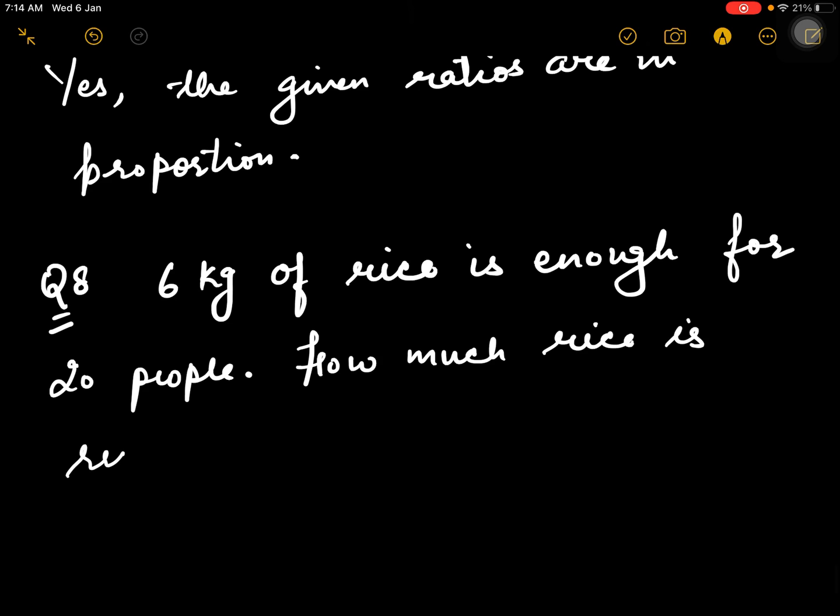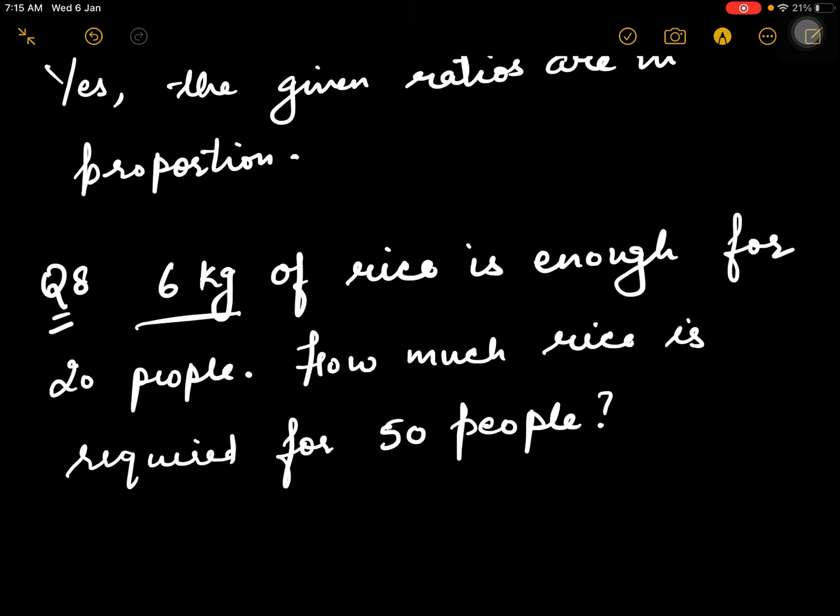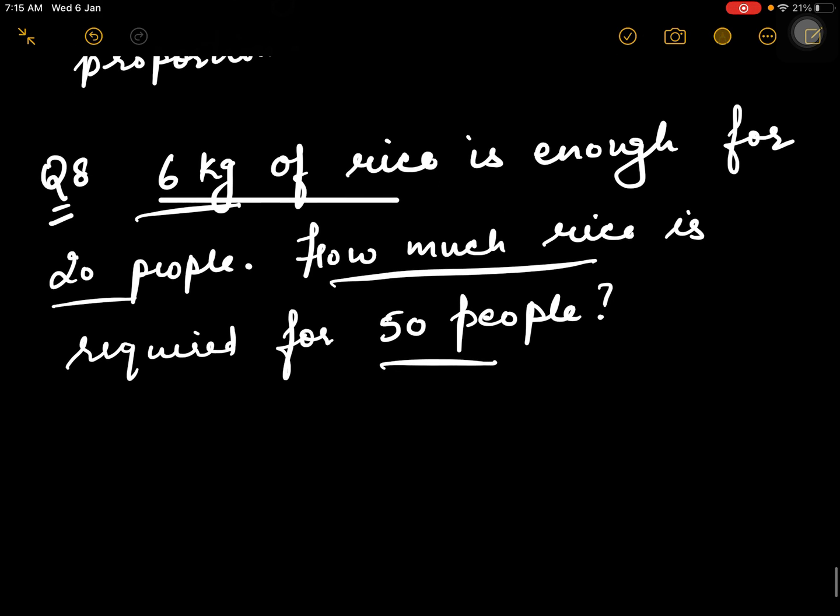So try to understand the question: 6 kg of rice is enough for 20 people, and for 50 people how much rice is required? So we have to find the quantity of rice required for 50 people. For 20 people, 6 kg of rice is required.